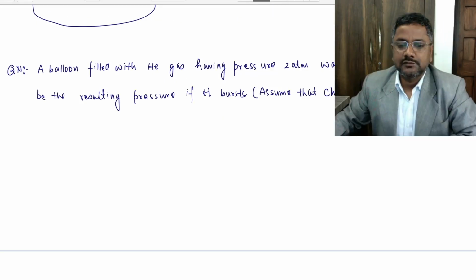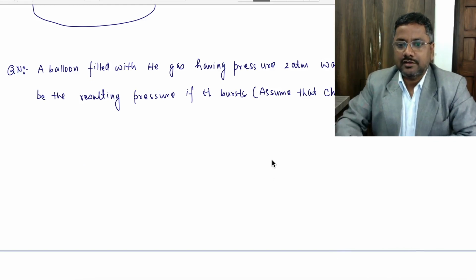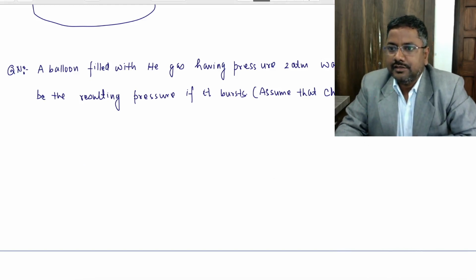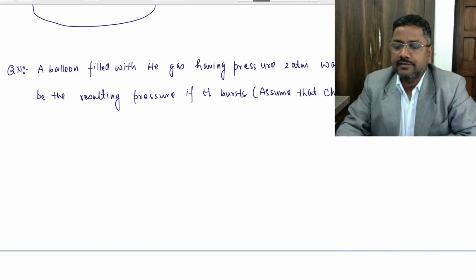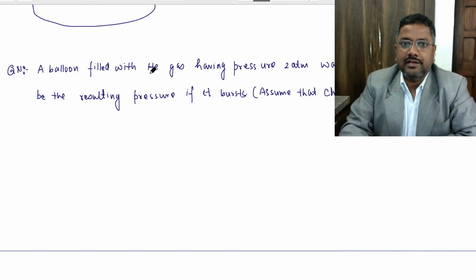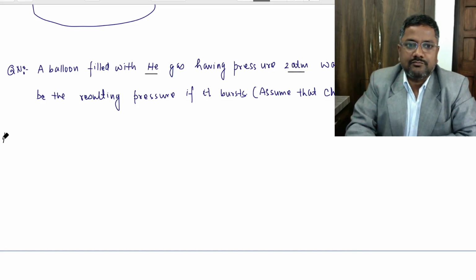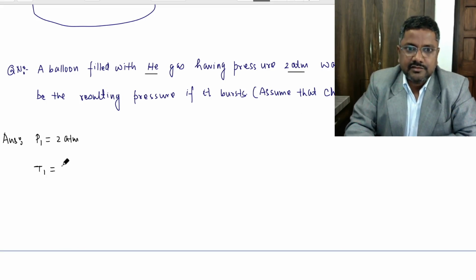Good. Now see one more question. In this question, what is given? A balloon filled with helium gas, monoatomic gas, having pressure 2 atm, right? So initial pressure P1 is equal to 2 atm, and T1 is equal to 27 degrees Celsius, means 300 Kelvin.